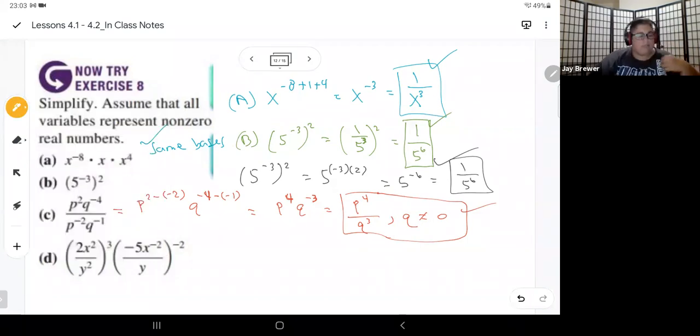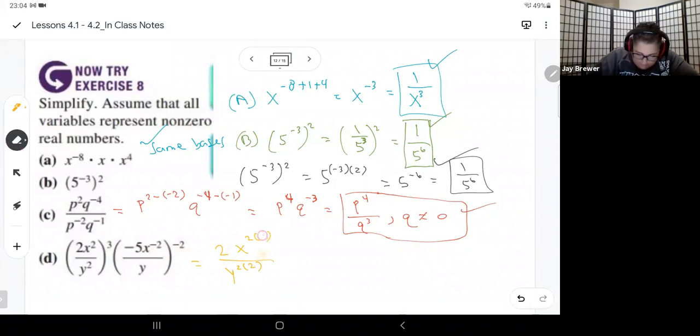All right, now D is a little tricky. It's a little bit longer. So let's distribute our outside ones. So that'll be 2 squared x to the 2 times 2 over y to the 2 times 2. Oops, those are cubes.